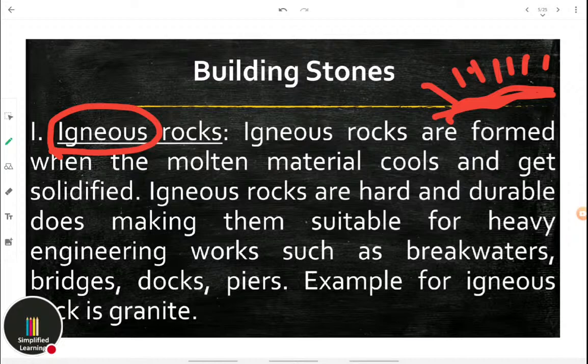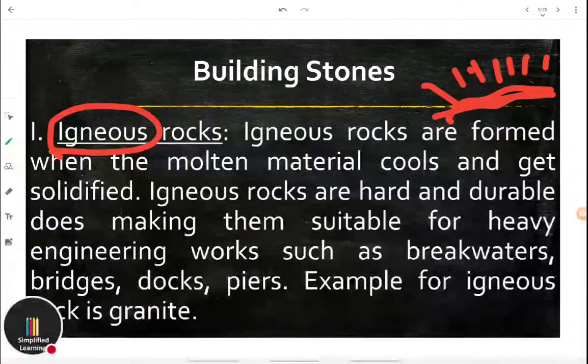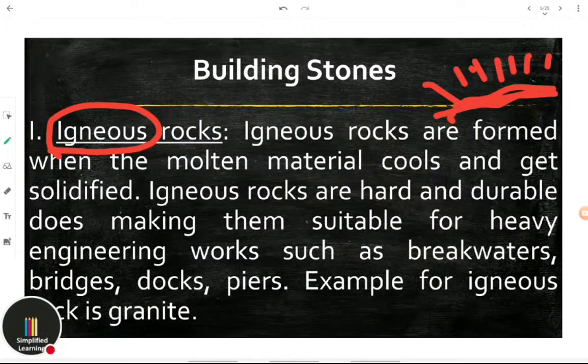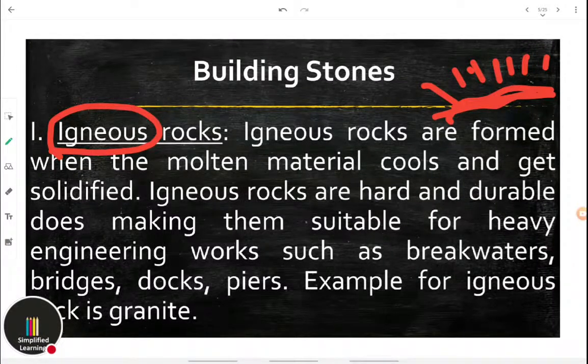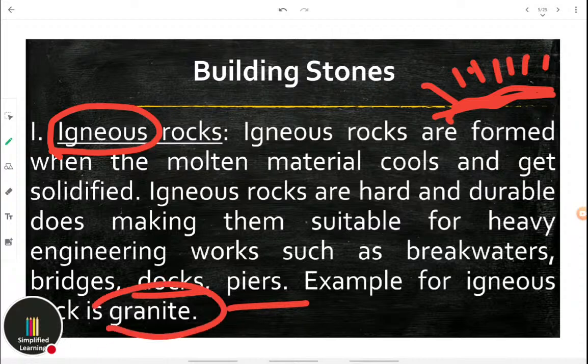Therefore the igneous rocks have properties such as good strength. They are heavy, that is their specific gravity is very good. Therefore they can be used in heavy engineering work, such as bridges and breakwaters. Then they are used as road metal also, meaning aggregate. They can be used at docks and piers. Granite is the best example of the igneous rock.